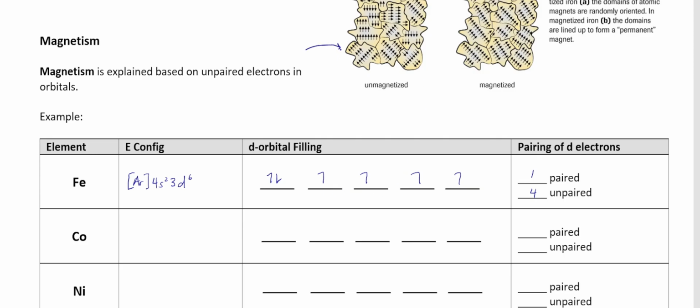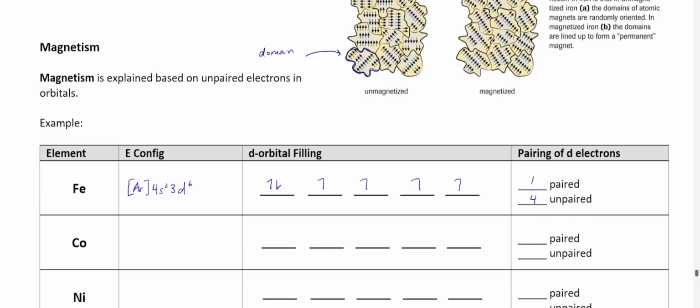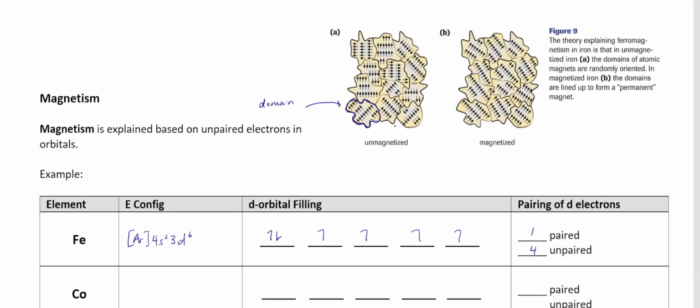In iron and other metals like cobalt and nickel, you can have what's called domains. A domain is a group of atoms that are influencing each other and have the same magnetic direction. Now, in an unmagnetized substance, all these domains are pointing in different directions.